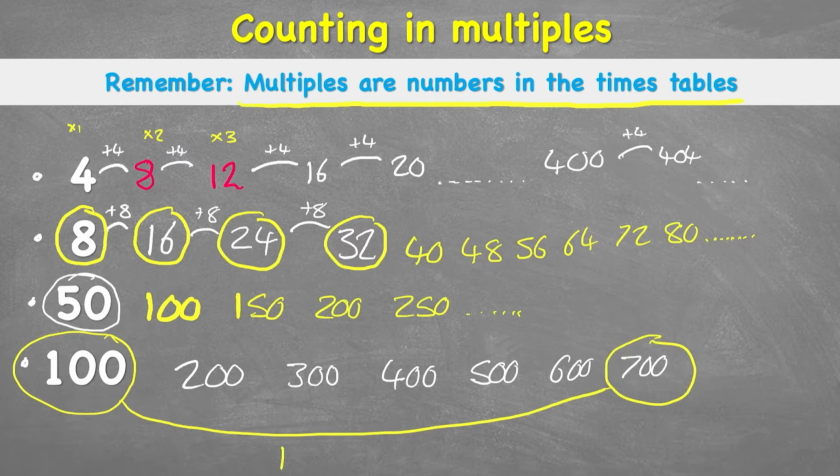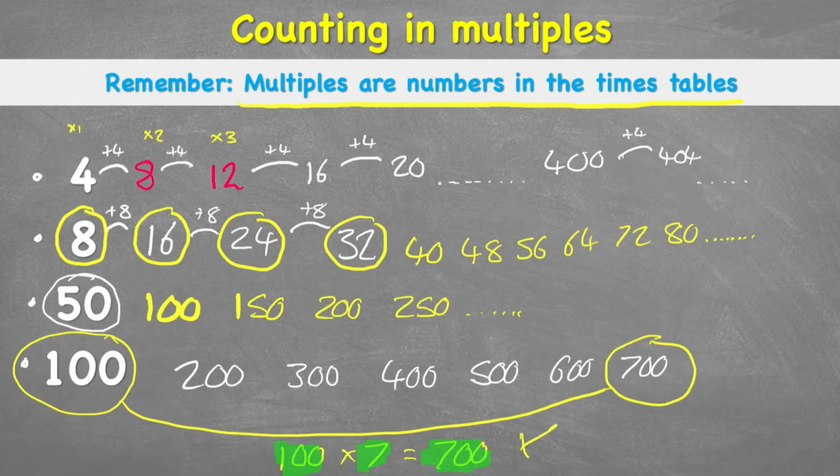We would times 100 times 7 in this case equals 700. So we have our number, we're multiplying it by another number, and we get 700. Therefore 700 is a multiple of 100. It's also a multiple of 7. But we'll get to that in another lesson.